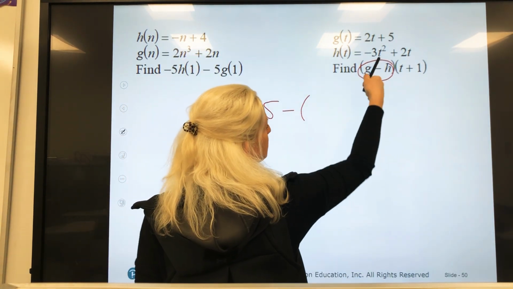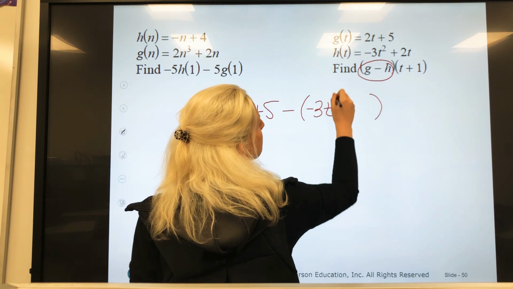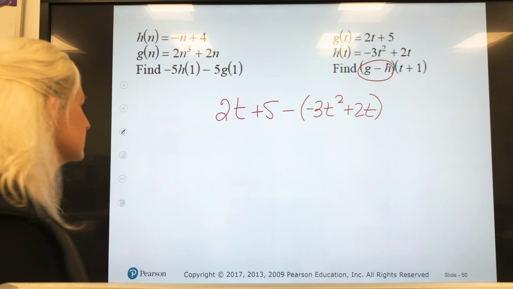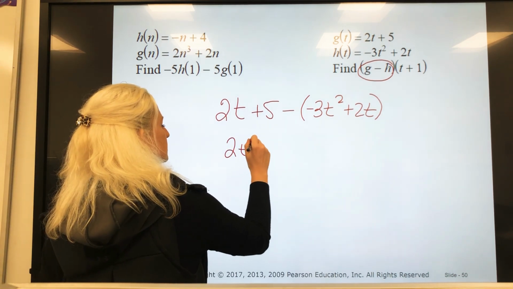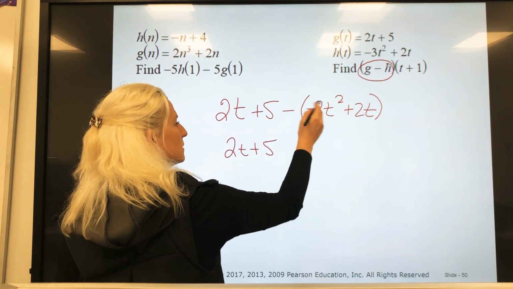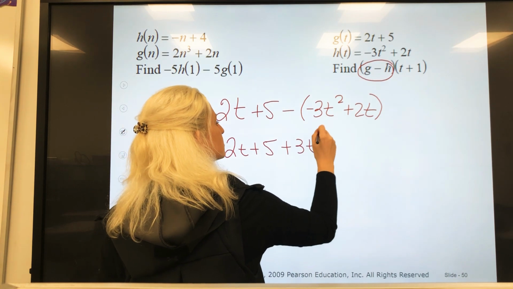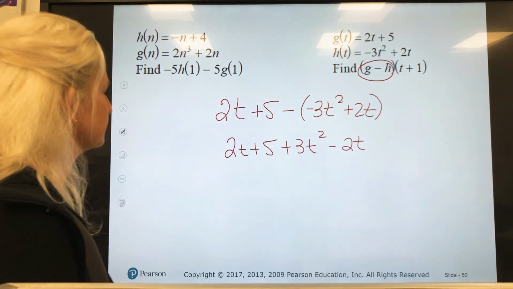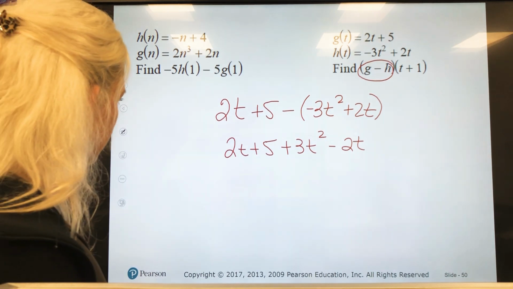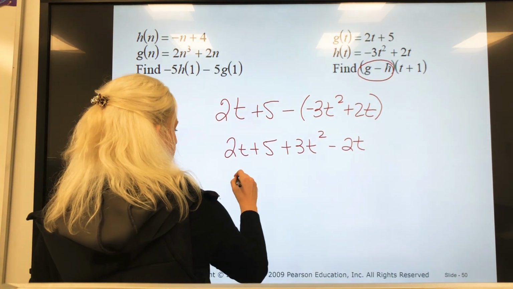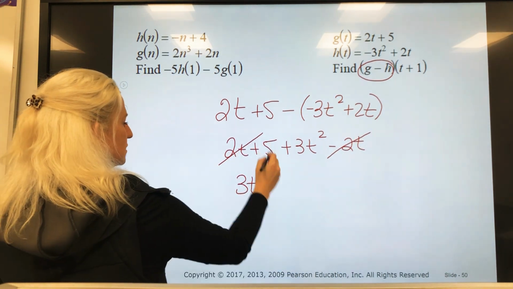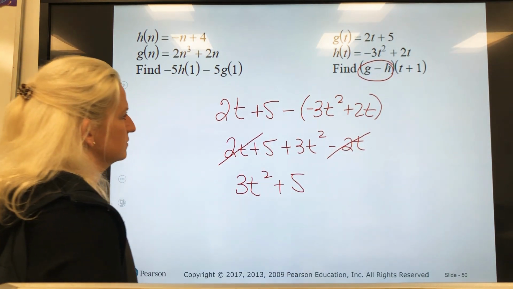Minus my h is negative 3t squared plus 2t. All right, so let's get that first. 2t plus 5, this is going to become a positive 3t squared, and that's going to become a negative 2t. All right, so we can fix this up a little bit. So I have 3t squared, 2t minus 2t cancel, plus 5.